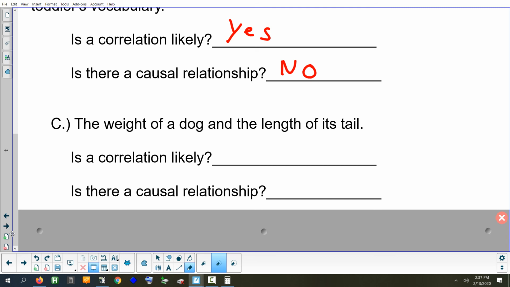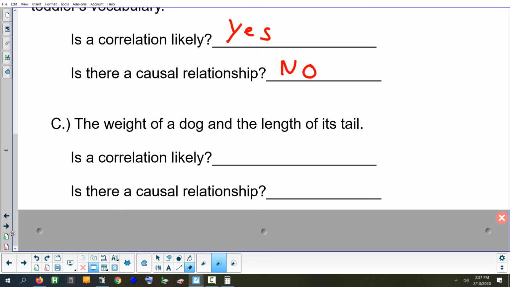But could you have one breed of dog that's a really big dog with a really long tail, like a golden retriever has a long fluffy tail, versus another kind of dog that's big but has a really short little tail? That affects the weight. Because there's more dog to weigh with a longer tail.